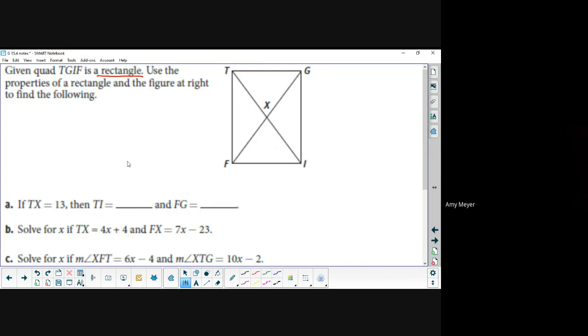Use the properties of a rectangle and the figure at the right to find the following. Let's make sure you're using a pencil because you'll have to draw stuff and erase it for the next problem. Part A. TX is 13. Let's label that. Use your properties to see if you can find TI and FG.